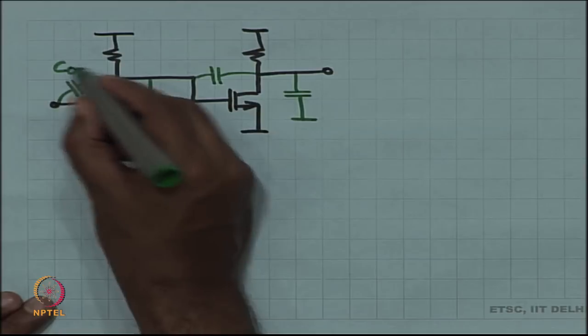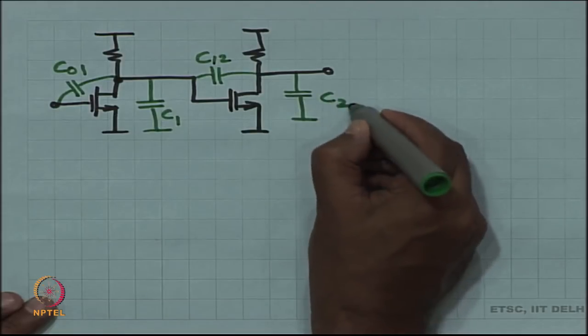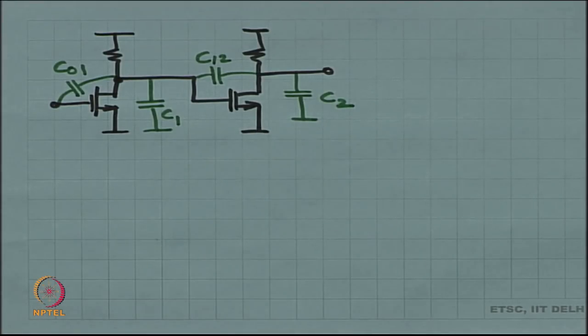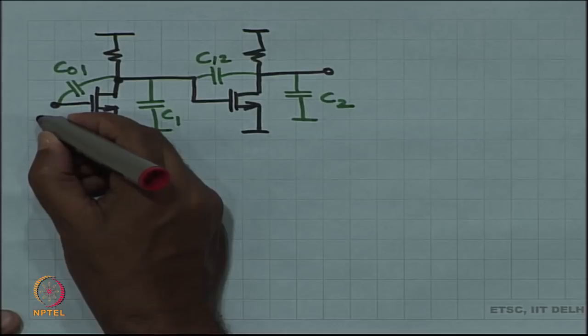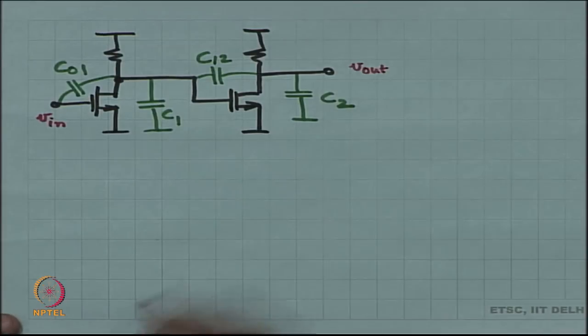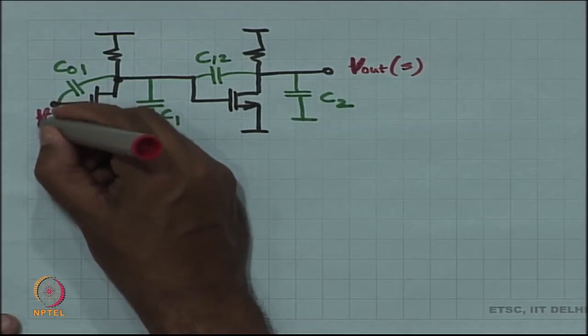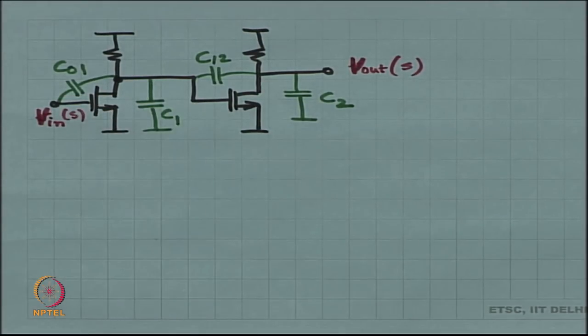This was C01, this was C1, this was C12, and this was C2, as far as I remember. Is this correct, or am I making some mistake? Whatever it is, this is probably what it was. I had applied an input, capital V in of S, and I had obtained some output, capital V out of S.